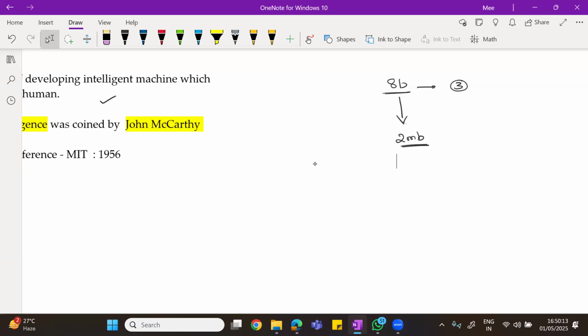It says that every second 2 MB of data is generated by each individual person on this earth. That is 16 billion megabytes generated every second. It's a very, very large volume of data. Now, that is what it is.